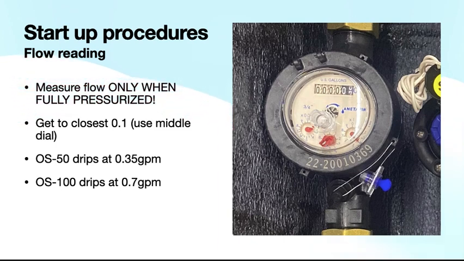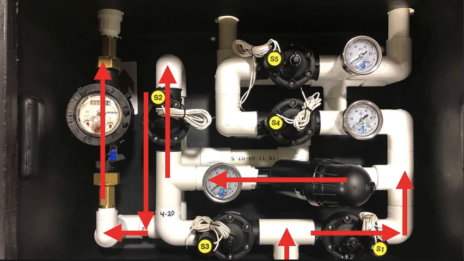So that's the first step of the startup procedures, and just to show the flow of water going on in that instance. When the pump kicks on and the water's coming in, unless electricity is coming to these valves, they stay closed. So with valves 1, S1, and S2 open, you can just follow the arrows here. The arrows will allow water to go through this first valve.